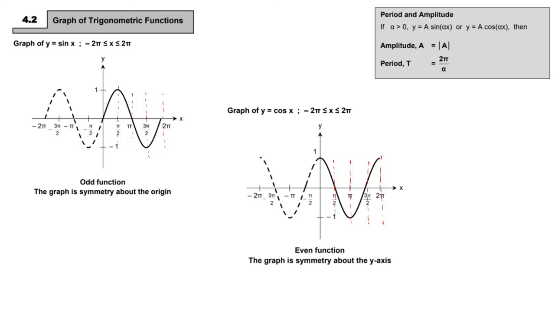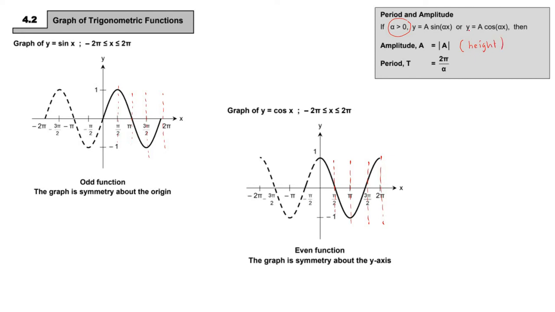Okay, in each graph of trigonometric function, we can find the period and amplitude. Given alpha more than 0, y equals a sine alpha x, or y equals a cos alpha x. Then to find the amplitude, amplitude equals modulus a, kita boleh katakan dia sebagai ketinggian lah.